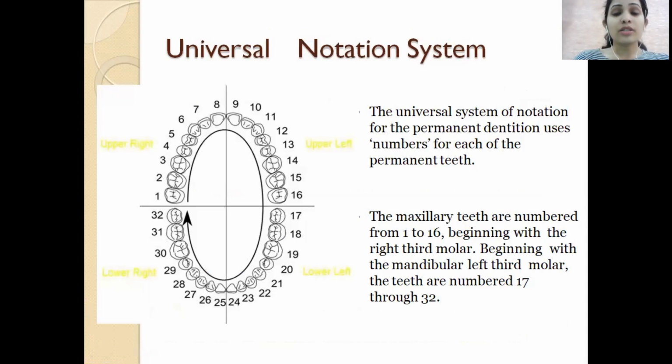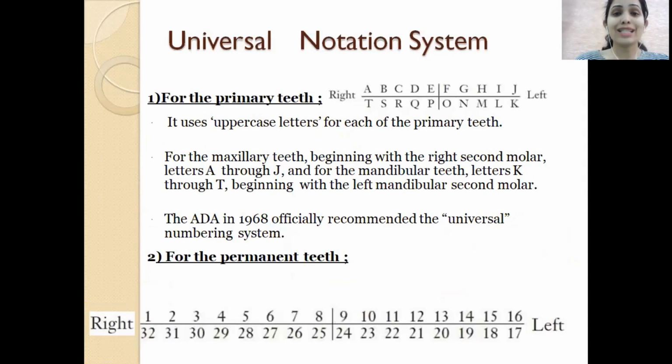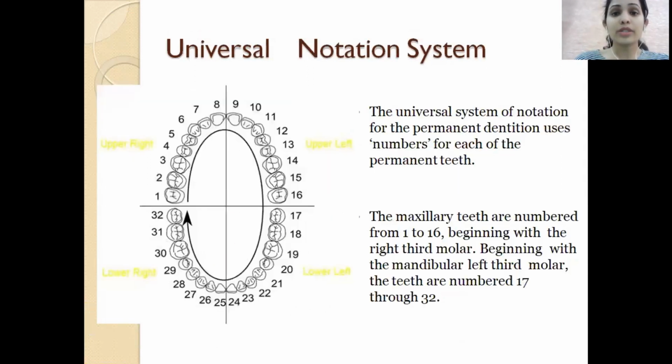The universal system of notation for permanent dentition uses numbers for each of the permanent teeth. Yes, this is the difference. For primary teeth, they use alphabets, whereas for permanent teeth, they use numbers. So the maxillary teeth are numbered from 1 to 16, beginning with the third molar. And then for the mandibular left third molar, it starts with 17, extending till 32.